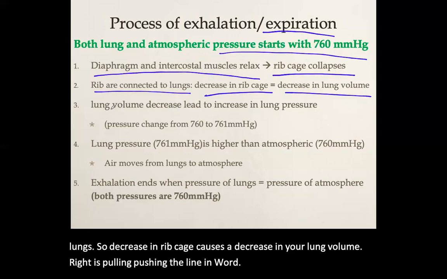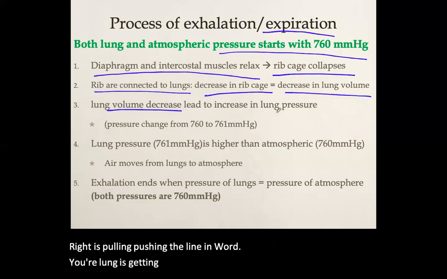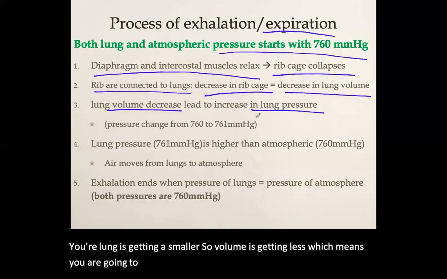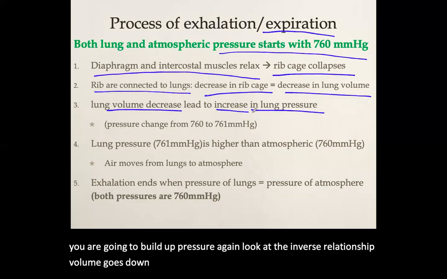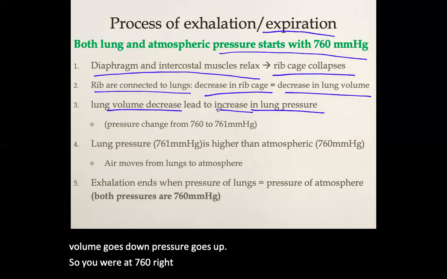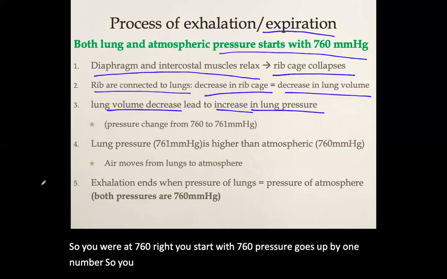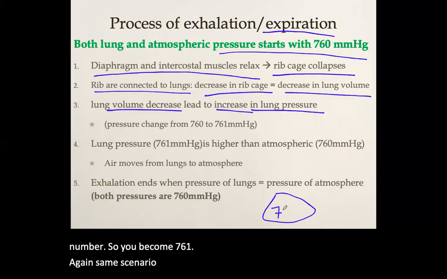Your lung is getting smaller, so volume is getting less, which means you are going to build up pressure. Again, look at the inverse relationship. Volume goes down, pressure goes up. So you were at 760, right? You start with 760. Pressure goes up by one number, so you become 761. Again, same scenario we depicted. Now inside your lung is 761 and outside is 760.